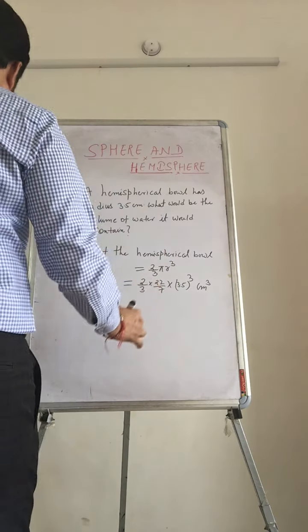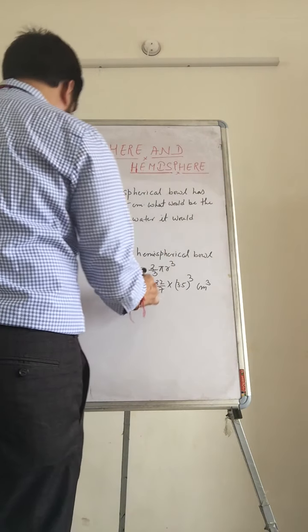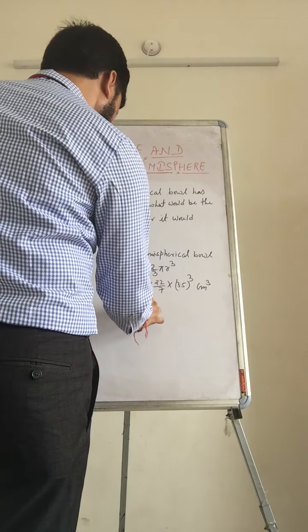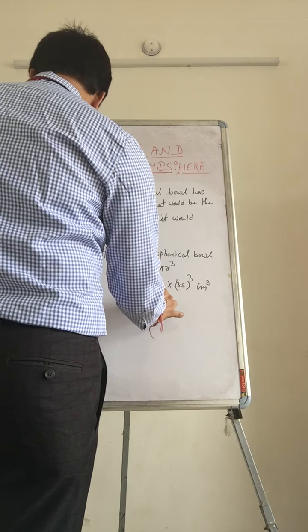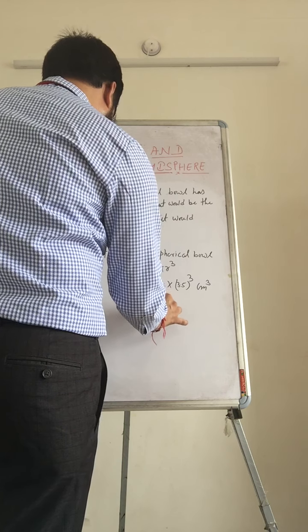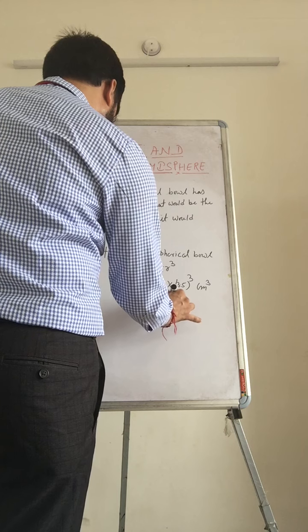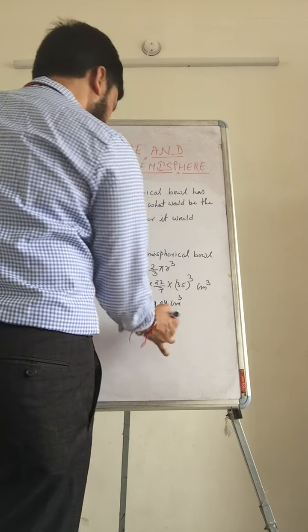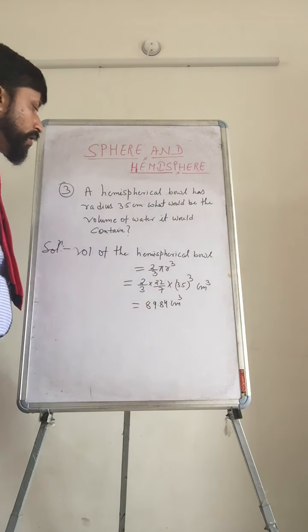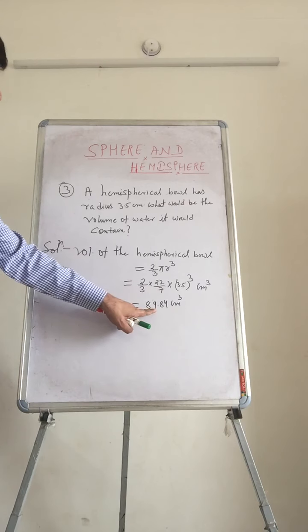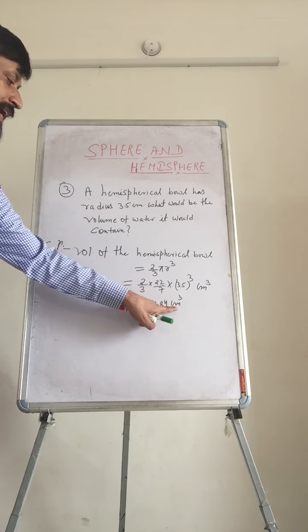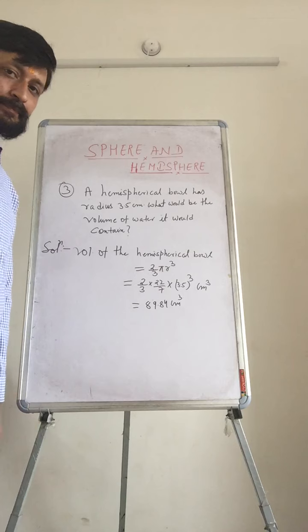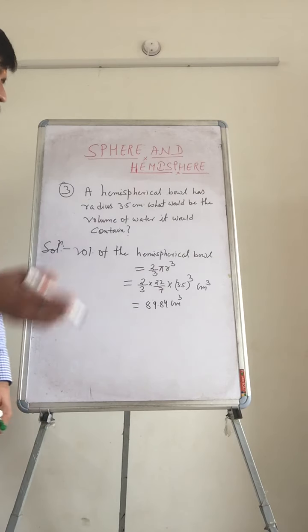If we calculate here, then you will get 89.84 centimeter cube. This means this hemispherical ball can hold 89.84 centimeter cube of water. See one more example.